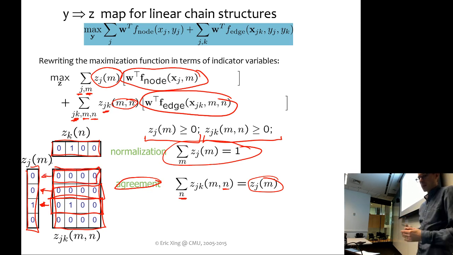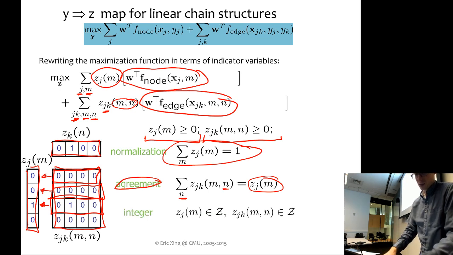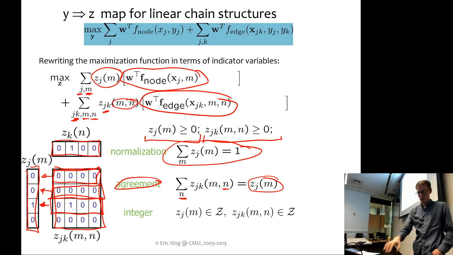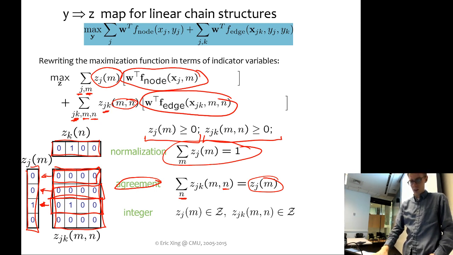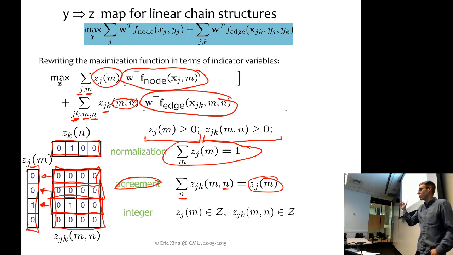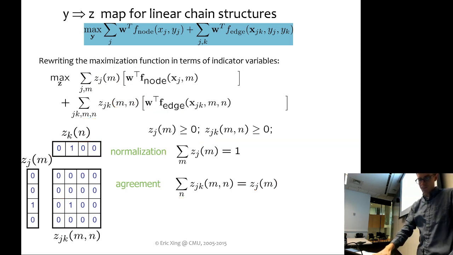And then you have the same constraint for the columns as well. And then lastly, you have that these indicators are integer. Because we have both the normalization constraint and the greater than or equal to constraint, that makes sure they're integer values in the range 0, 1.